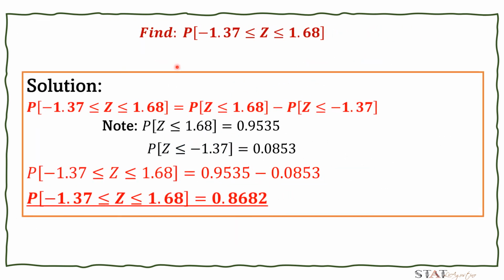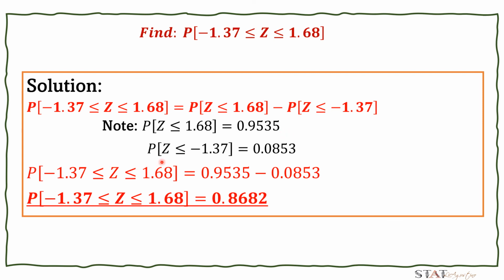So mathematically, we can present it this way. If we are finding the probability of the z value between negative 1.37 and 1.68, then we can present it as the probability of z less than or equal to 1.68 minus the probability of z less than or equal to negative 1.37. So note that the probability of z less than or equal to 1.68 is equal to 0.9535.